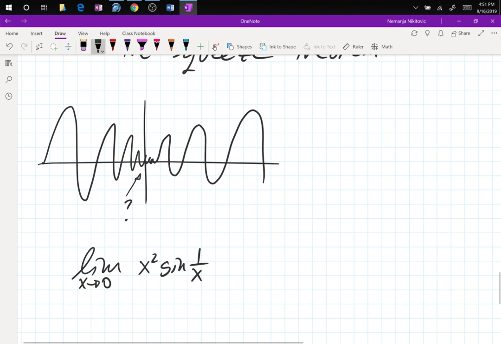Right? So now you go and say, okay, can I plug in? If you can plug in, it will be great. But you can't, because you have sine of 1 over x, and there's your 0 in the denominator. So it will be sine of 1 over 0, and that's no bueno. So we can't plug in.